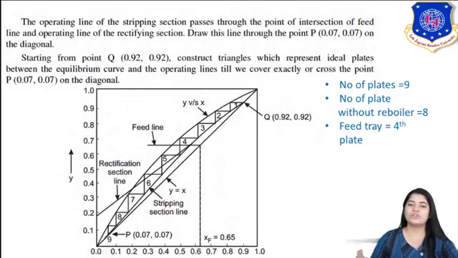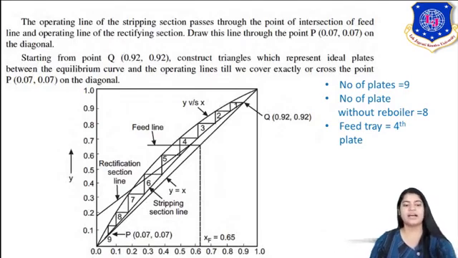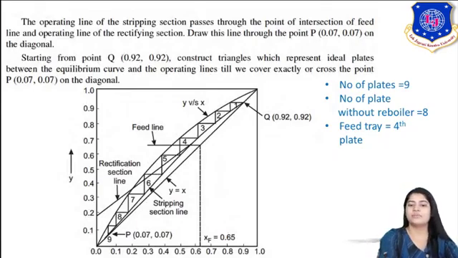Draw this line through the point 0.07, 0.07, where XW is the residue composition, 0.07. From there draw the operating line of the stripping section, and from Q draw the operating line of your enriching section.